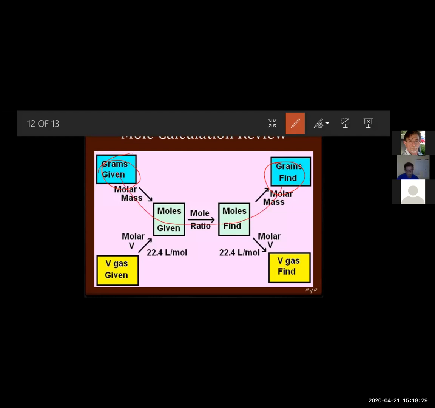From the molar mass, we get the moles given. From the mole ratio of the balanced chemical equation, we're able to figure out how many moles of what we're looking for. And from its molar mass, we're at grams.